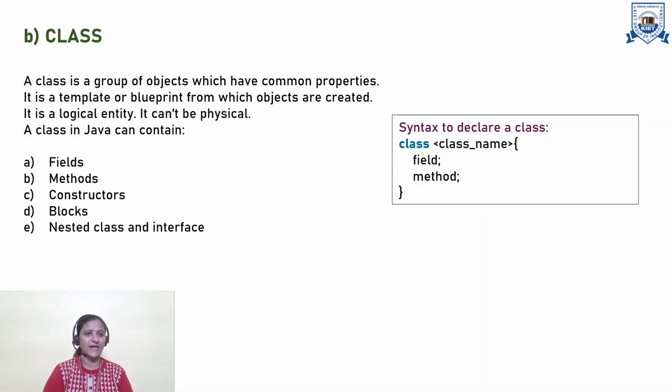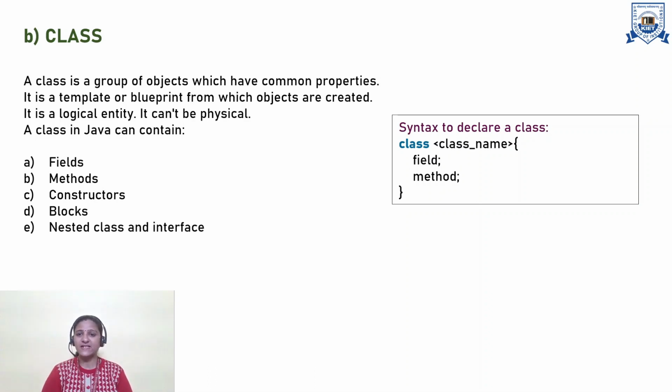It provides a template or blueprint from which objects are created. It is a logical entity, it can't be physical. A class in Java can contain fields, methods, constructors, blocks, nested classes, and interfaces.